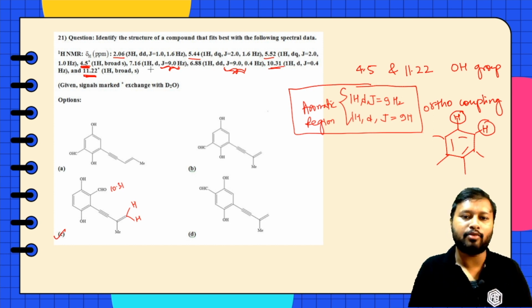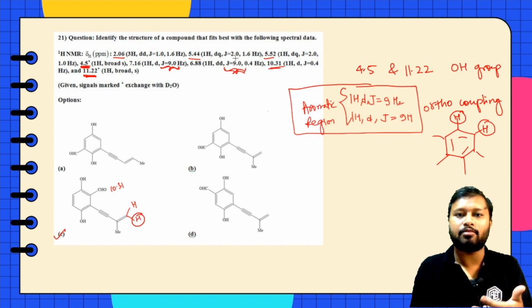So that's why this methyl is giving you a doublet of doublet. Now why is this giving you a doublet of quartet? That is because this hydrogen is again coupling with this hydrogen. This is geminal coupling, at J equals 2 Hertz, and then a cis coupling which is 1.6 Hertz with this particular methyl. So due to coupling with methyl it is giving a quartet, and due to coupling with this hydrogen it is giving a doublet.